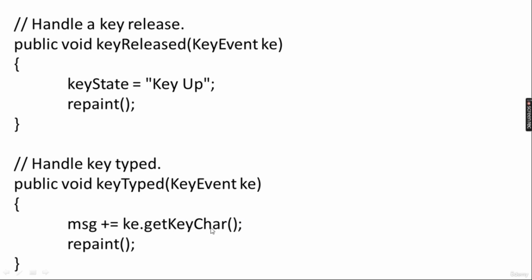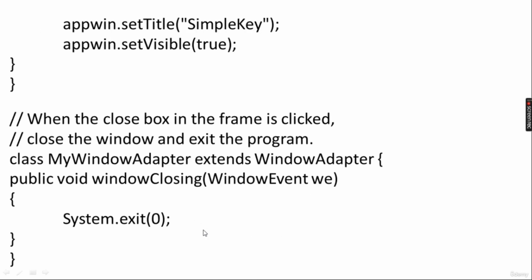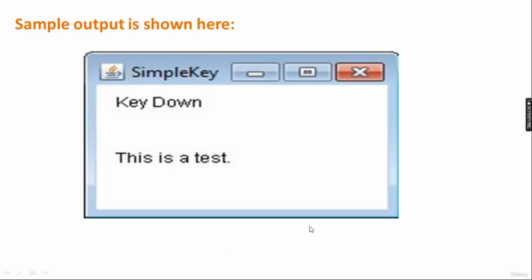Whatever I am typing, its characters are appended. So we can type anything and that will be displayed as a message, because message is created like message is equal to message plus key dot getKeyChar. So whatever you type will be displayed as an output over here, and key down will be displayed no matter what you are doing.